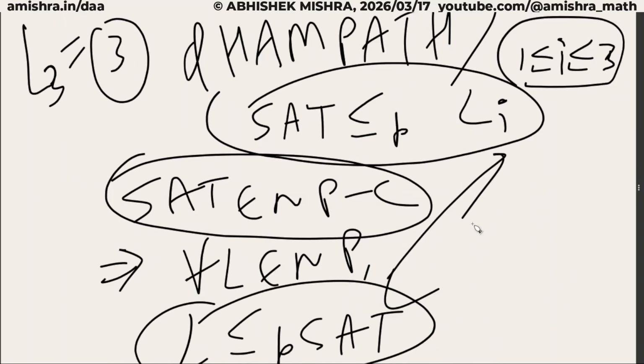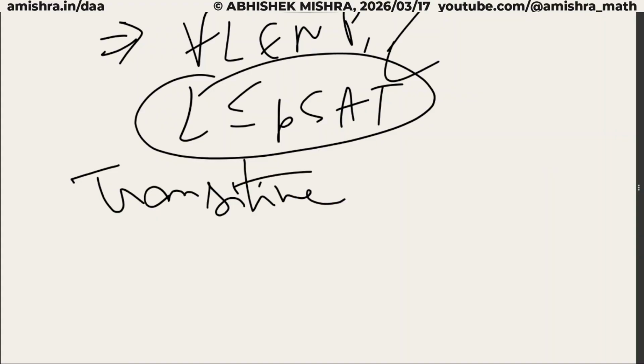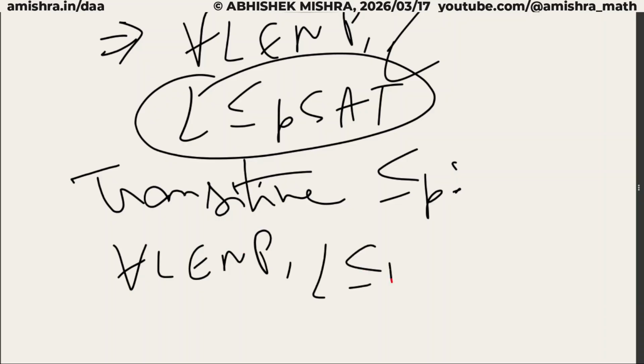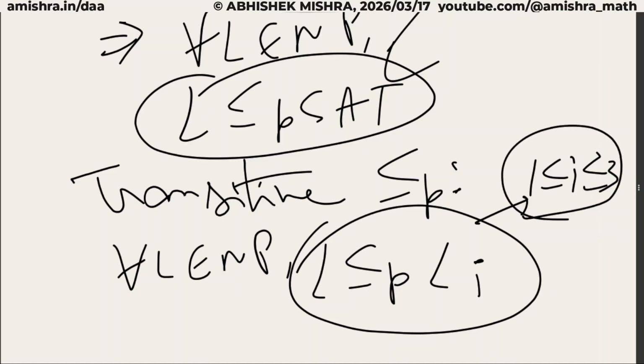So just combine using the transitive property. We get that for all L in NP, L reduces in polynomial time to Li, for all these 3 problems: 3-SAT, 0-1 integer programming and directed Hamiltonian paths. So this is the idea. Now one by one I will describe the languages and prove the reduction.